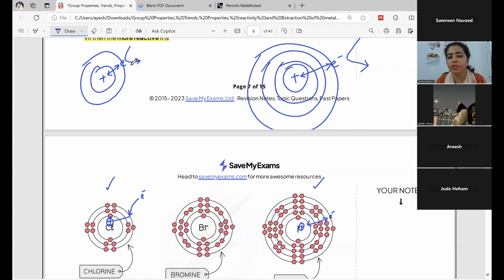So if the adding of electrons is easy, that means the reactivity will be more. Easy means more reactive, and if the addition is hard, it will be less reactive. Yes, definitely. So that is the reason they are getting electrons more hardly as we move down the group, because of the bigger size. So it means reactivity decreases down the group.